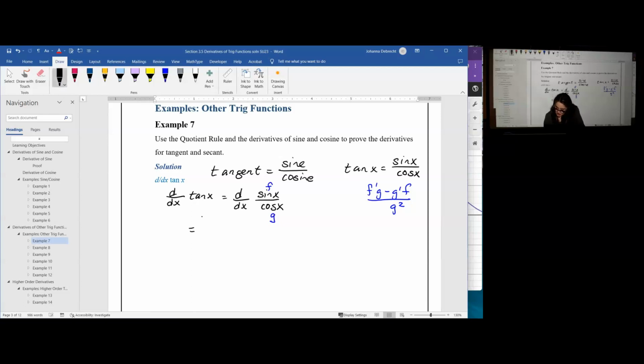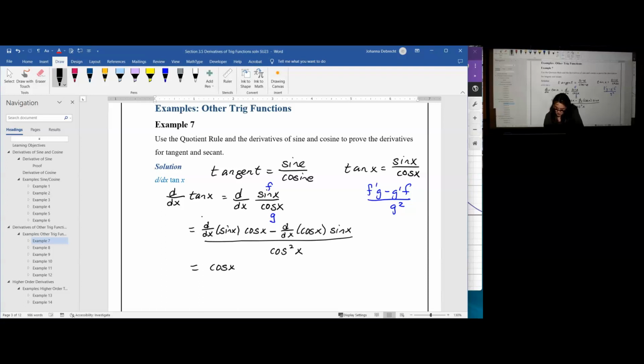Let's apply the formula now. I need the derivative of sine multiplied by cosine minus the derivative of cosine times sine. And I'm going to divide it all by the cosine squared. The derivative of sine is cosine.